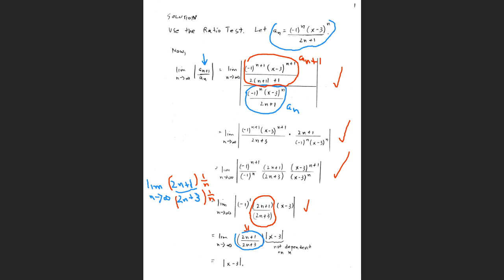What I'm doing here is trying to justify that 2n plus 1 over 2n plus 3 goes to 1 as n goes to infinity.